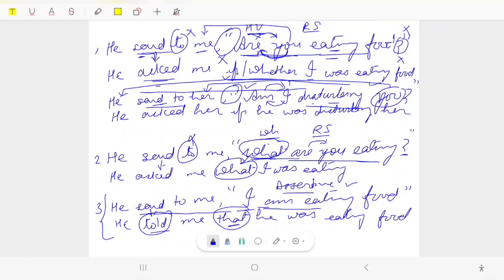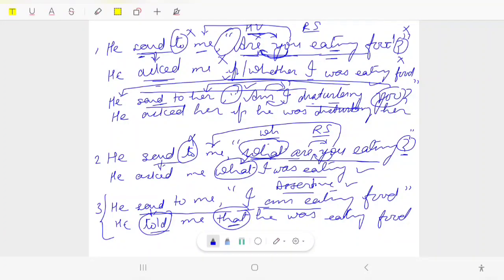Same way, we will change the place. You is second person, so according to this one, I. Here it is past tense, so change the tense of this part. Is, am, are into was, were. What I was eating. We change this here, and the question mark is removed from here. This is the way we change interrogative sentences.